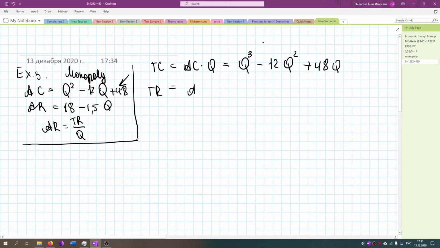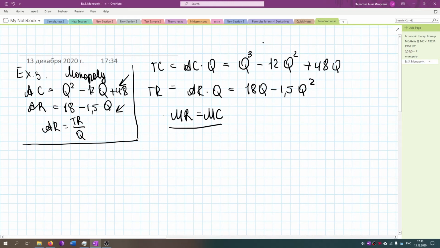Total revenue is equal to average revenue multiplied by Q, and we multiply this function by Q, 18Q minus 1.5Q squared. And again, because this is a monopoly, we apply our profit maximization rule. Marginal cost is equal to marginal revenue.